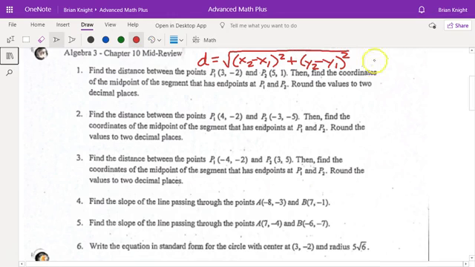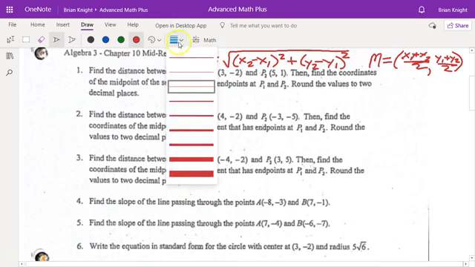Your midpoint formula, you just do what with the 2 points? Add them up and divide by 2. So you add the x parts divided by 2 and y1 plus y2 divided by 2. Okay? And that's it. So let's get busy.